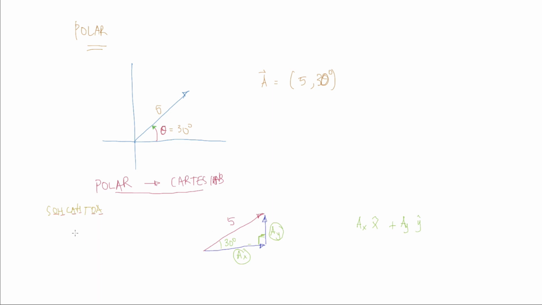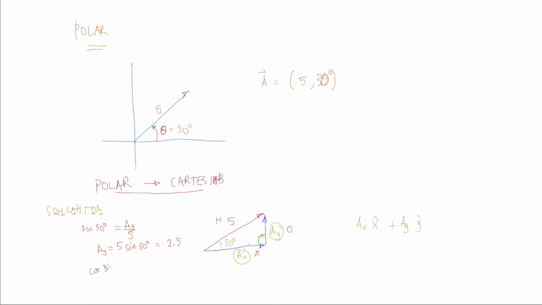adjacent. So from here I see that sine 30 degrees, this is the opposite side, that's the adjacent side, and that's the hypotenuse, is a sub y over the hypotenuse, which is 5. So a sub y is 5 sine 30 degrees, and I happen to know that sine 30 degrees is a half, so that's going to be 2.5.